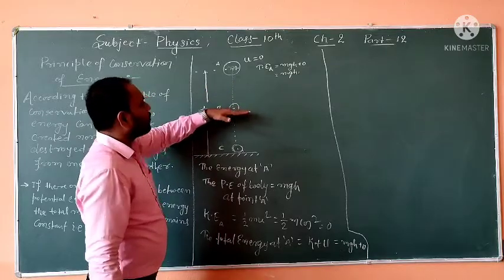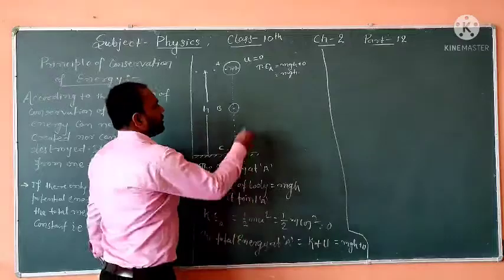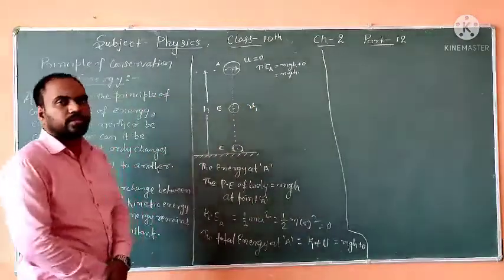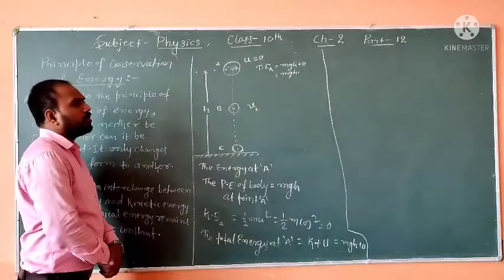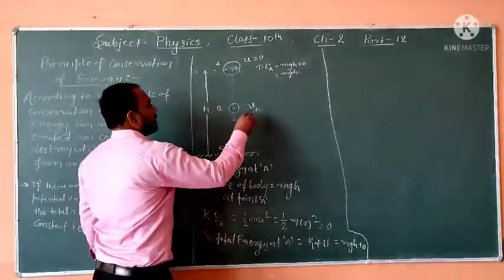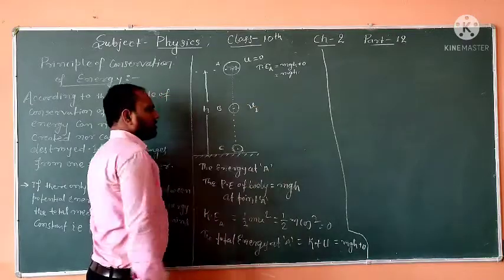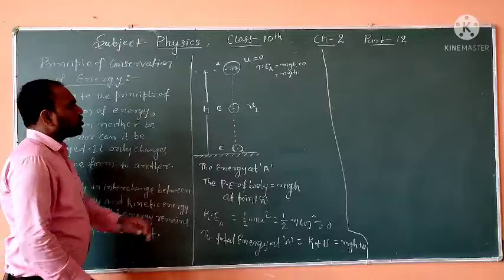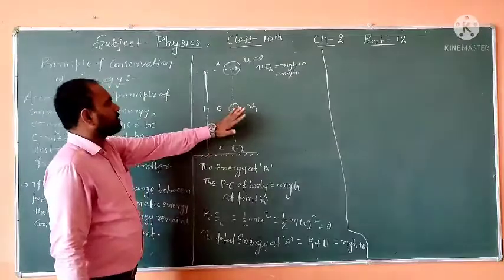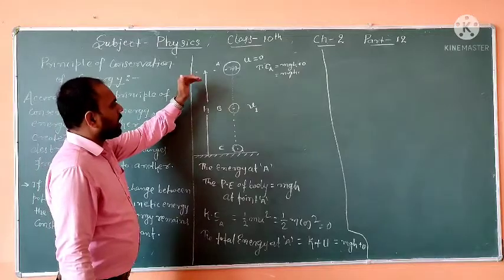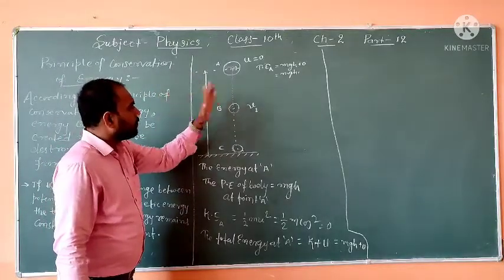When reaching point B, let's suppose its velocity becomes v1. Or you may also take vb. I am taking v1, it will be easy for you. So what is v1? v1 is the velocity of the body which is falling from point A to point B.